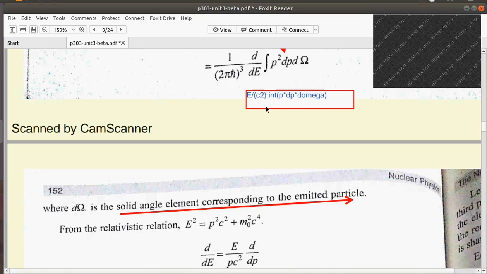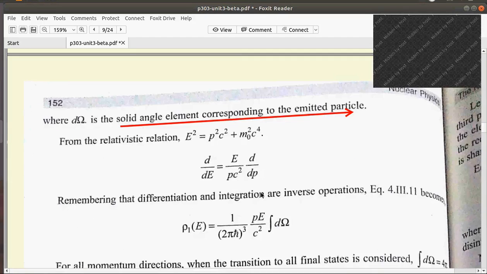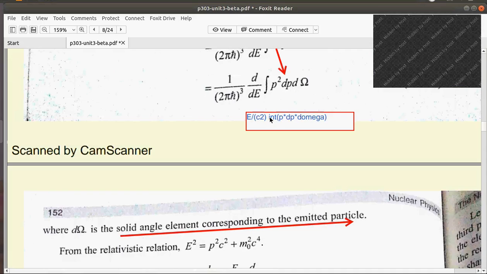Now, when I substitute E by p square, there is d by dp also there, so I had forgotten to write that. So here there will be d by dp also in the integral. Next step, dp and dp will cancel out, so I can remove this whole term here, and the dp here will also go away.